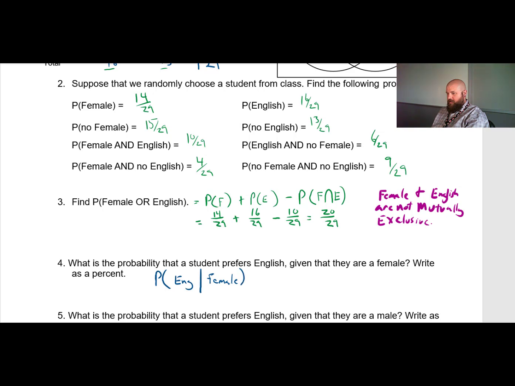So again, our big idea is, let's do the probability of both occur, all over the probability of the given. The probability of the given was a female. So a given occurs.